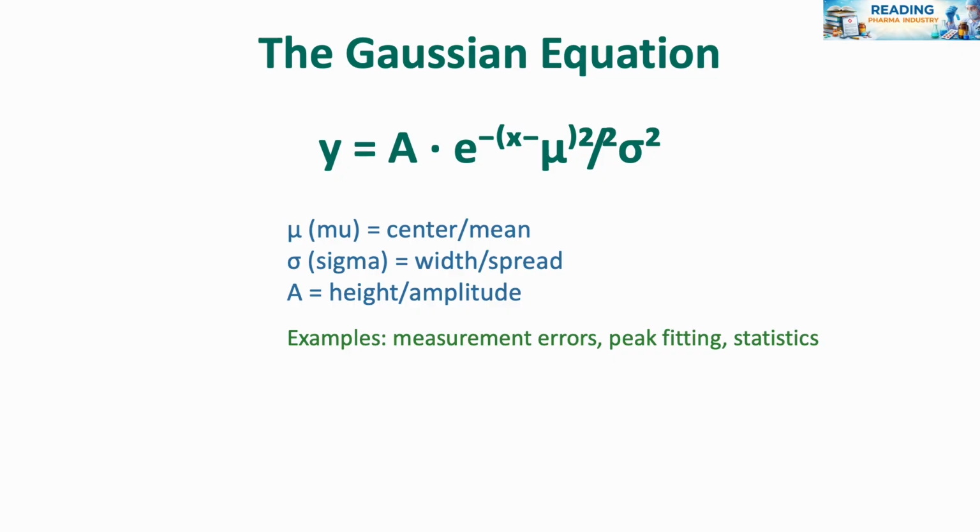In this case, mu is the mean value, so it's basically the center of the peak. Sigma is the standard deviation, i.e. the width. A is the height or the amplitude. As mentioned before, examples include measurement error, peak fittings, and many applications in statistics.